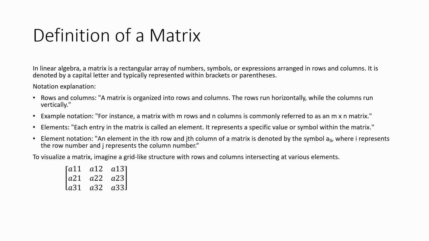You can replace it by number, for example, 2 by 3 matrix or 2 by 2 matrix or 3 by 3 matrix. Each of the values is an element, which represents a specific value or symbol within the matrix. As you can see, there is a visualization in this slide.